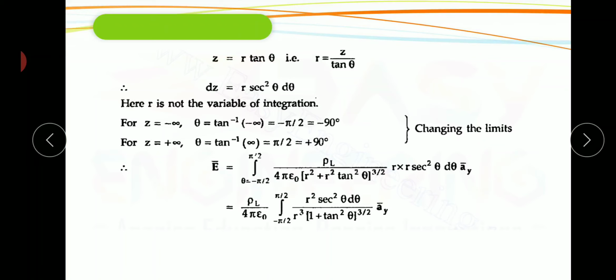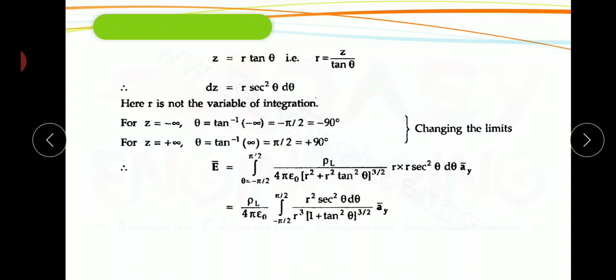By cross multiplying, r is equal to z by tan theta. Now differentiating the equation z is equal to r tan theta on both sides, z differentiation is dz, r is a constant, and tan theta differentiation is secant square theta d theta.